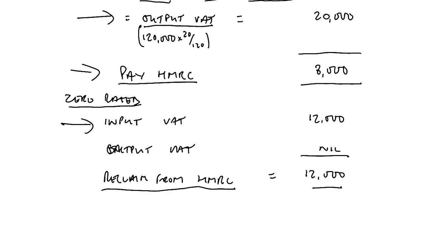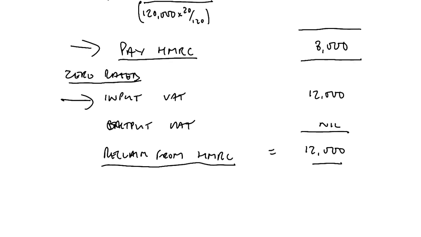Whereas, if we have merely suffered VAT on purchases, but we have not charged any on our sales, then we have no money to pay over to HMRC, and they will give us back the VAT that we've suffered. So the constant is the ability to recover input VAT so long as we make taxable supplies.